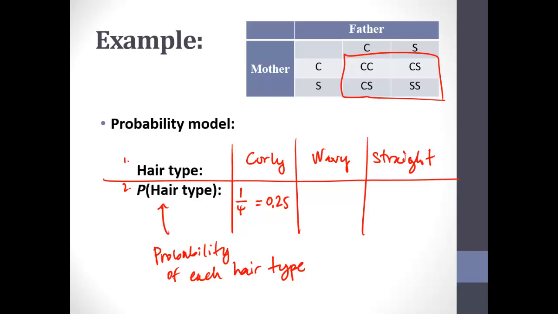So again, 0.25 is 25%, but let's start writing just 0.25 there. Very good. Then what about wavy? What's the probability of a child having wavy hair? 2 out of 4, right? Or 0.5. And then finally, the probability of having straight hair, 1/4, exactly.